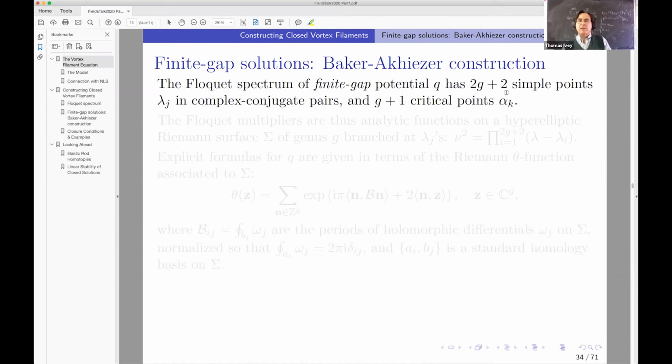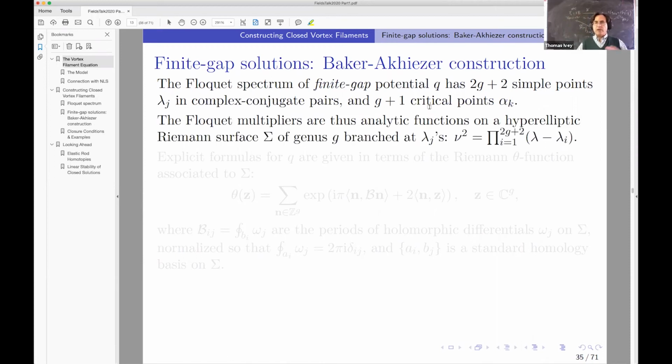It's going to have a bunch of branch points that will come in complex conjugate pairs. And as we maybe saw, every spine terminating at a couple of branch points is also going to have one corner in the middle where it branched off another thing. So there's going to be G+1 of those critical points.